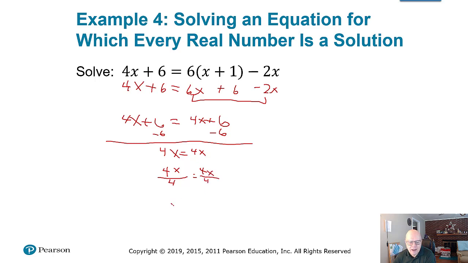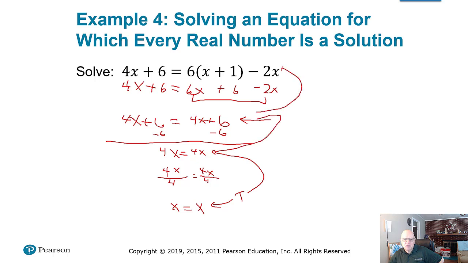And what do I get? X equals x, which we could have figured out up here because this looked like it was exactly the same. How could x work? Well, actually, it means no matter what you put in for x, this is going to be true regardless, which means this will always be true, and that will always be true no matter what our x is.